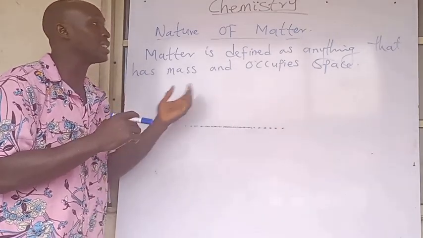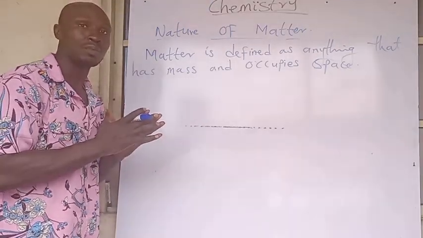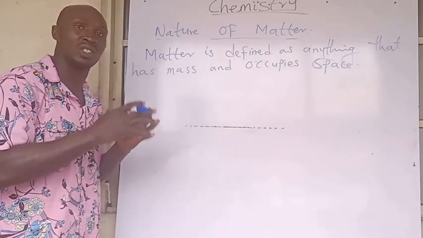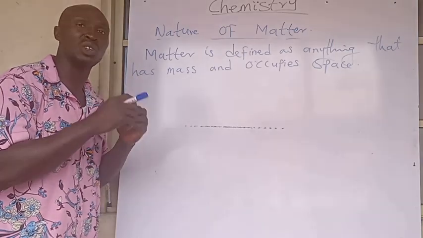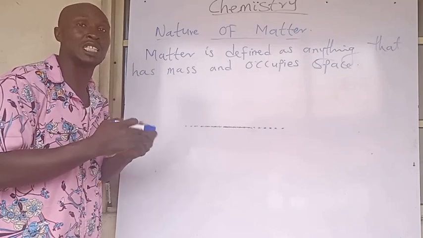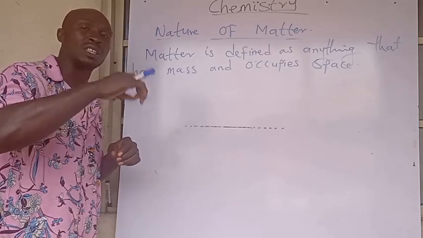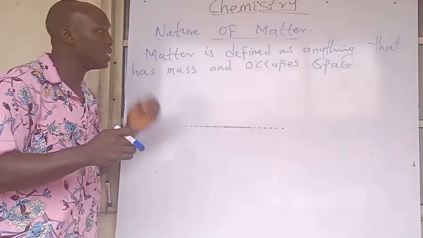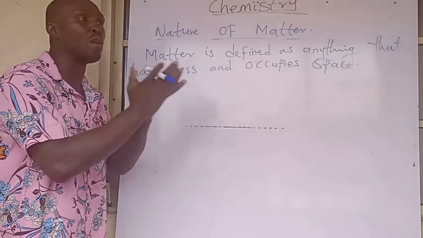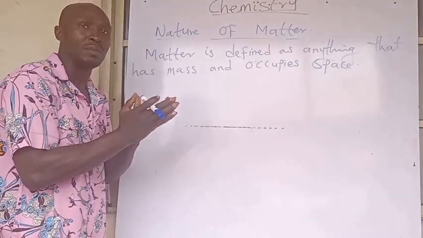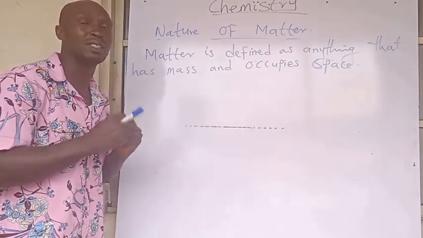So today we're going to look at the states of matter. We know that matter can exist as a living thing, matter can exist as a non-living thing, and matter can also exist as a solid, or as a liquid, or as a gas. So let us look at matter today in different forms. There are three main states of matter.